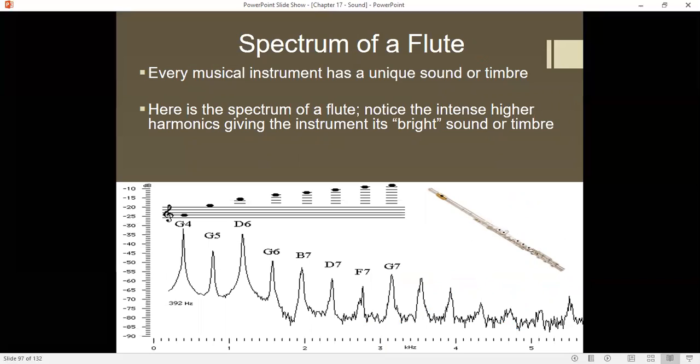And again, you can see that the first three harmonics, it's playing G4, are still pretty intense. In fact, you can go out to the 4, 5, 6, 7, 8, 9. We can still see the 10th harmonic, the 11th harmonic, way out there. Again, lots of high harmonics means that this particular instrument sounds very bright.